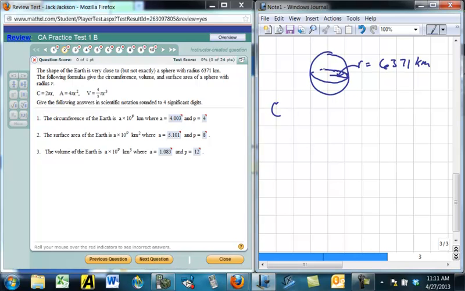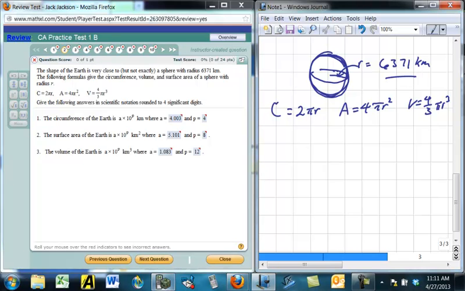That's the distance around the Earth, the greatest distance all the way around, say from North Pole to South Pole and then back up the other side. Circumference is 2 pi times the radius. The surface area of a sphere is 4 pi times the radius squared, and the volume is 4/3 pi times the radius cubed.